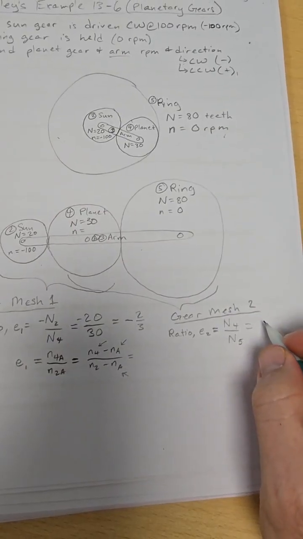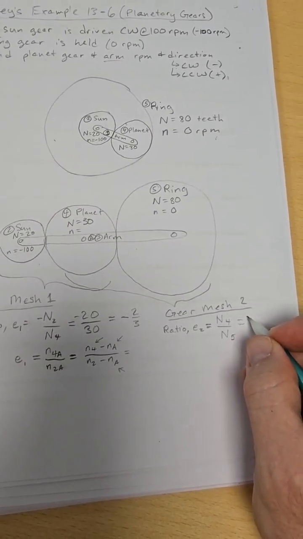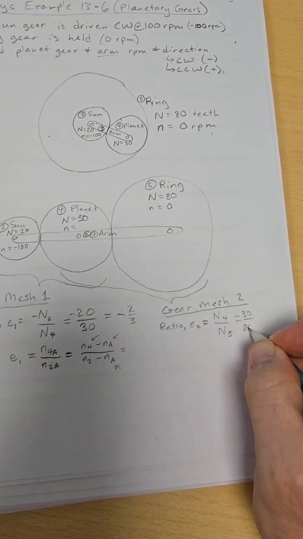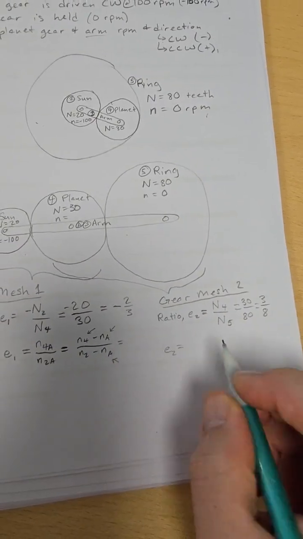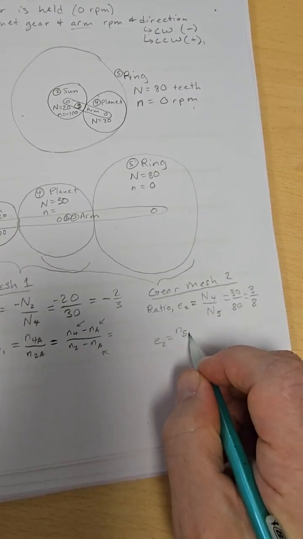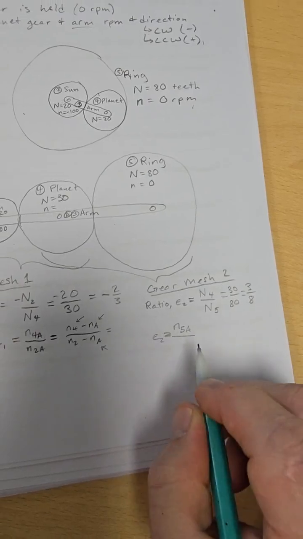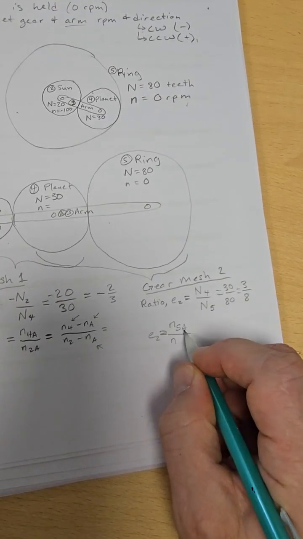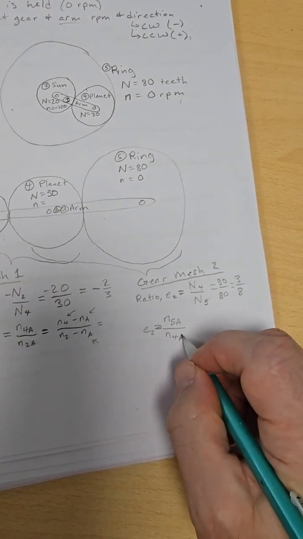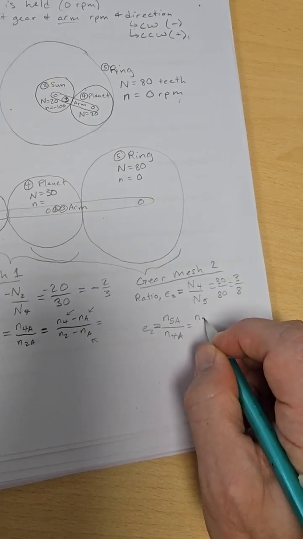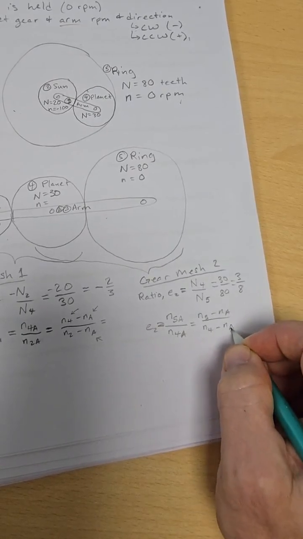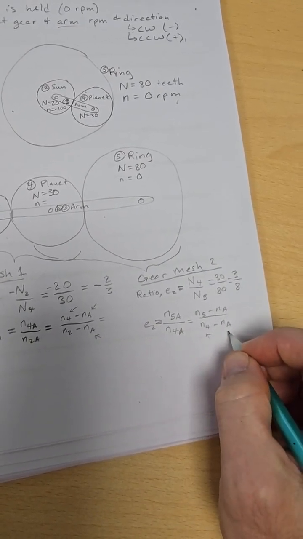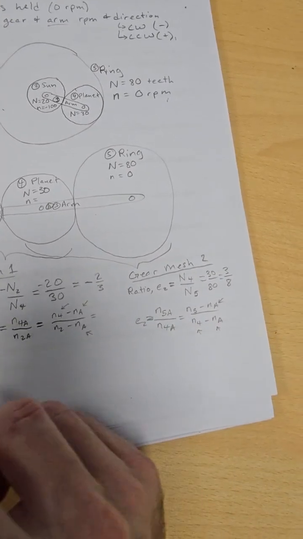The number of teeth on 4 is 30, on 5 is 80, so that's 3/8. And that has to equal N5 minus NA over N4 minus NA. Again, we don't have N4 and we don't have NA, so we have 2 equations and 2 unknowns.